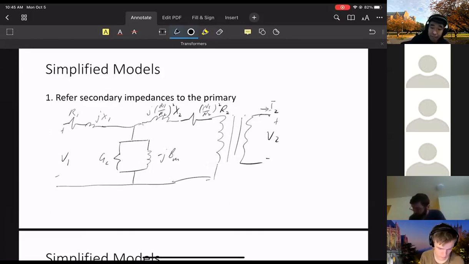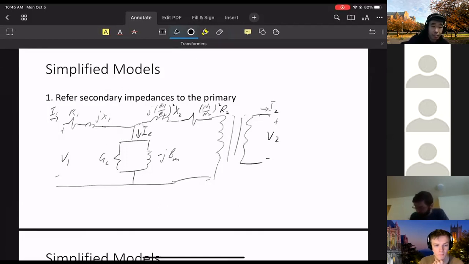So that's the circuit we have. I have I1 going this way. The shunt element draws some current, so this is some current that's being pulled into the shunt, and I2 comes out this way.